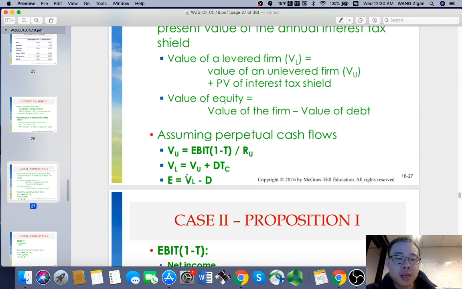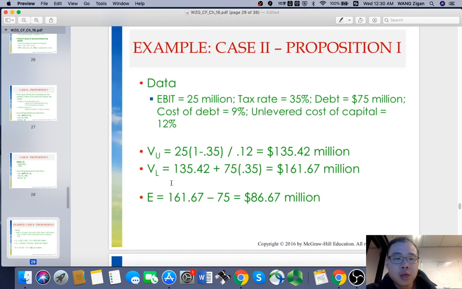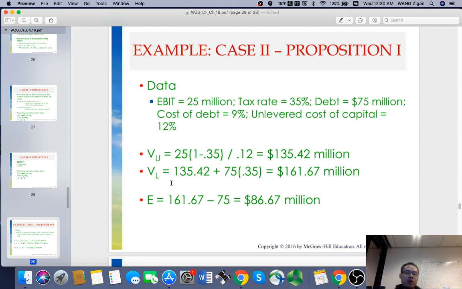And E will be this minus D, which is your equity. Okay. So in this example, we have the EBIT. This is EBIT. This is TC, the tax rate, and this is D. This is RU. This is RD.